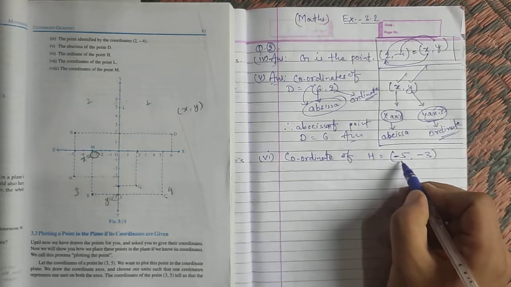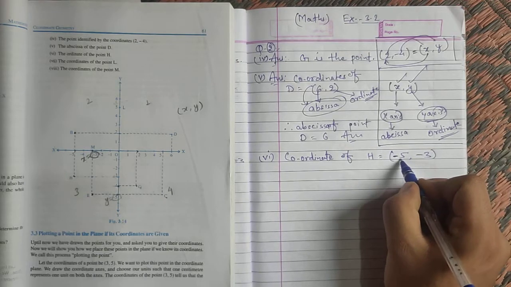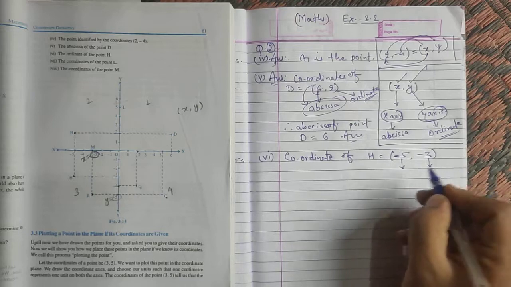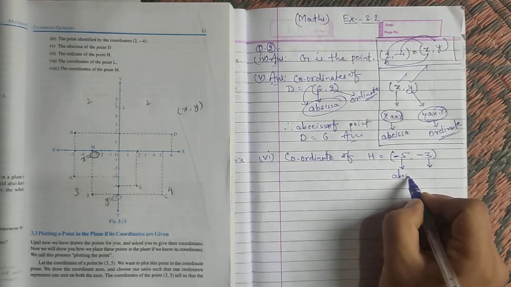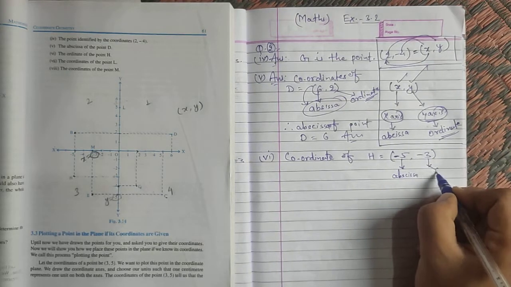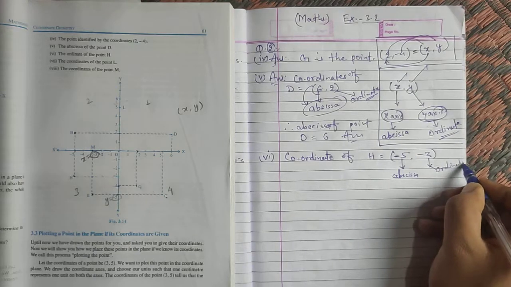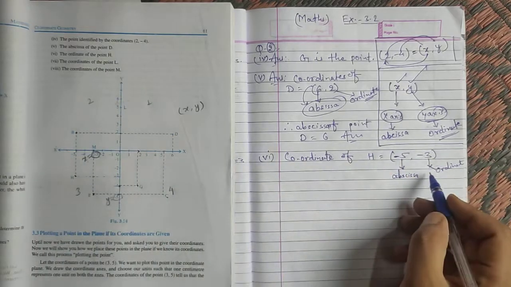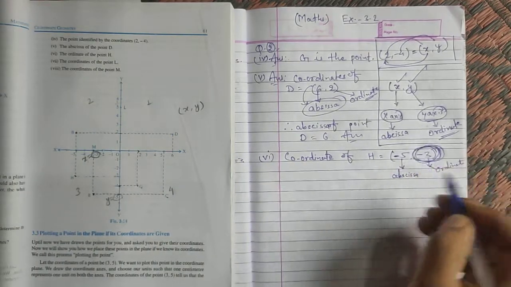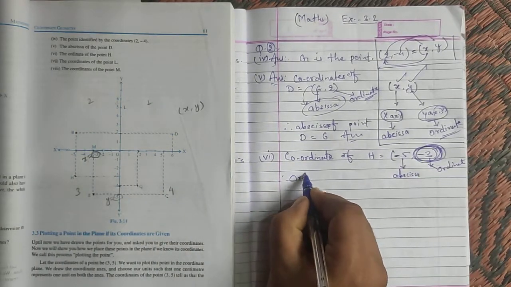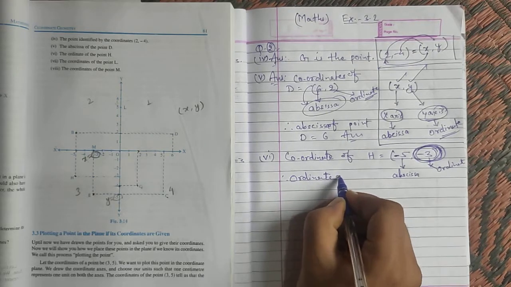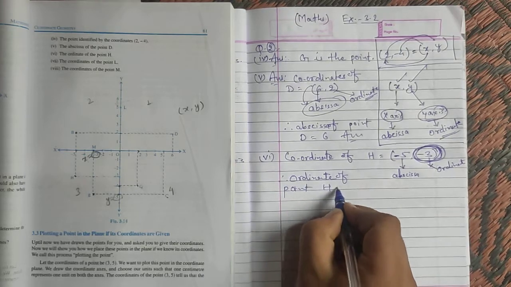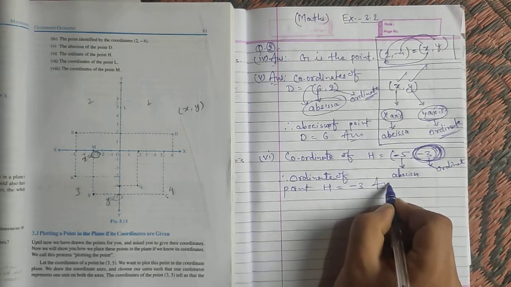Already I told you that -5 is the abscissa and -3 is the ordinate. We have to find the ordinate of point H. The ordinate of point H is -3, which is your answer.